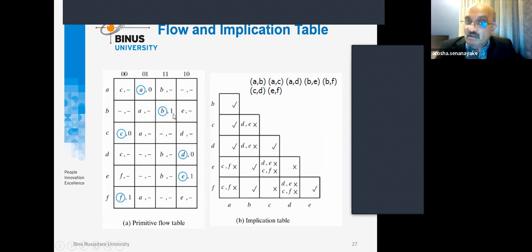So between B and C, there is a dependency. Merging B and C entirely depends on D and E. So therefore, what we wrote down here is D, comma E as a dependency. So reducing B row with C is subject to the dependency D, comma E.